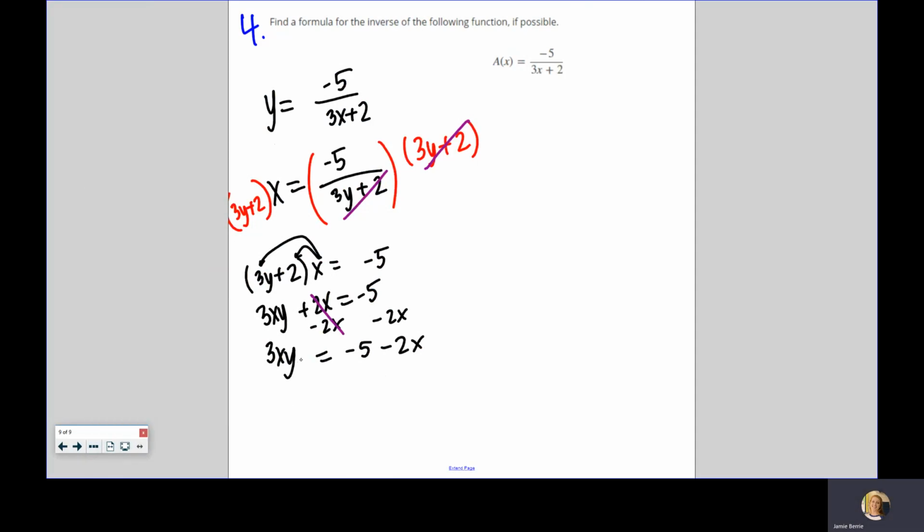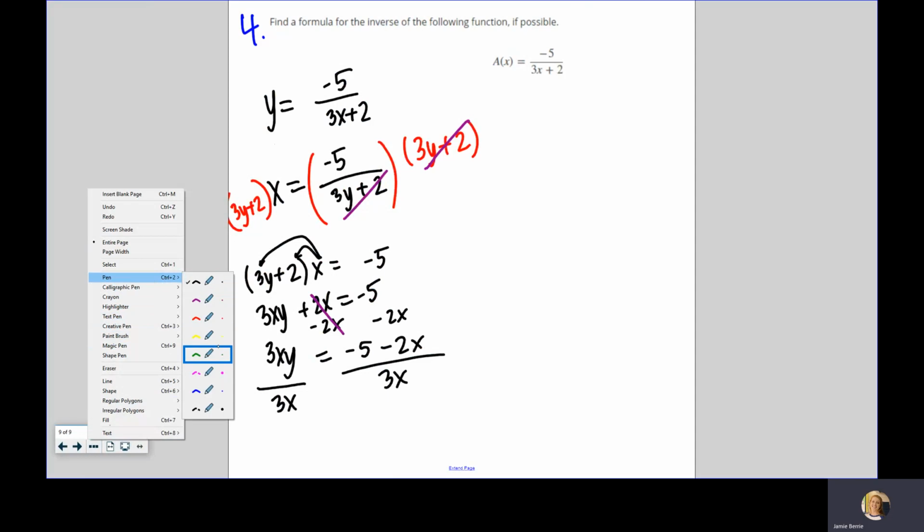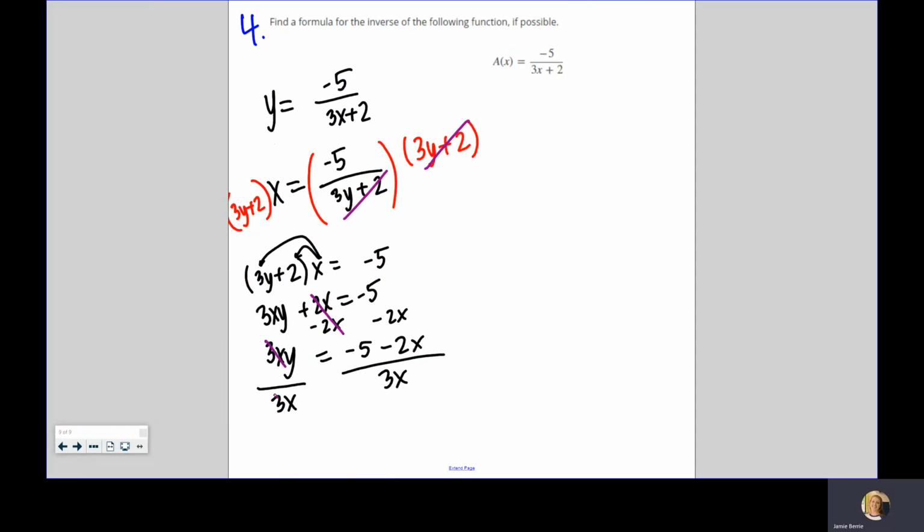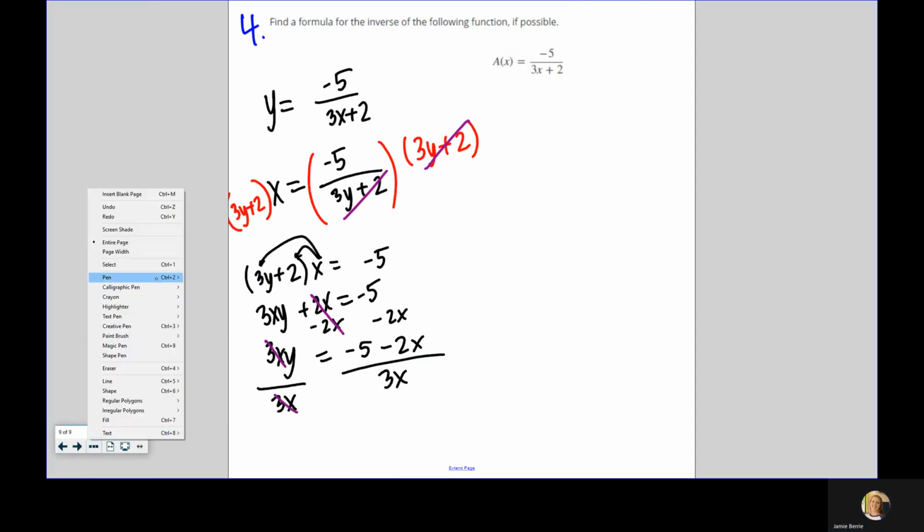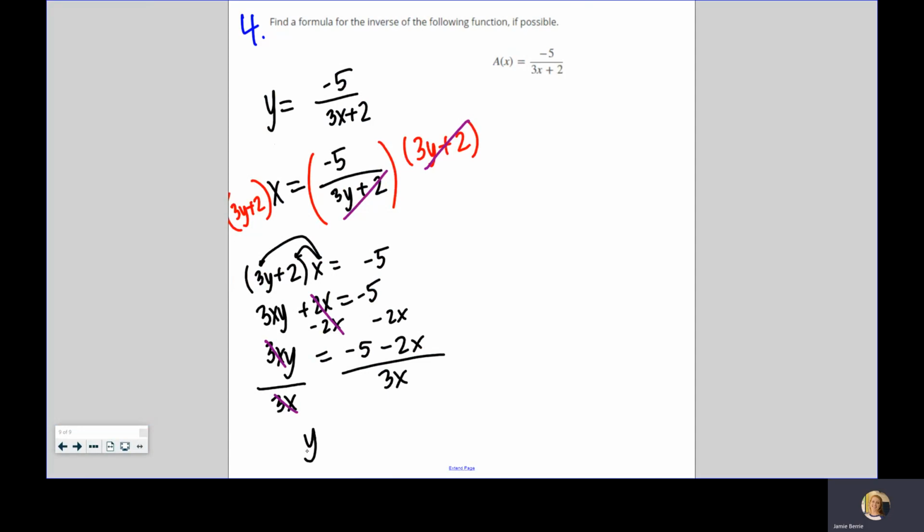So that's 3xy equals -5 minus 2x. Trying to get y by itself, so just divide by the other stuff. So divide by 3x. And on the left, it's canceling out. 3x and 3x cancel. You're just left with y equals -5 minus 2x over 3x.